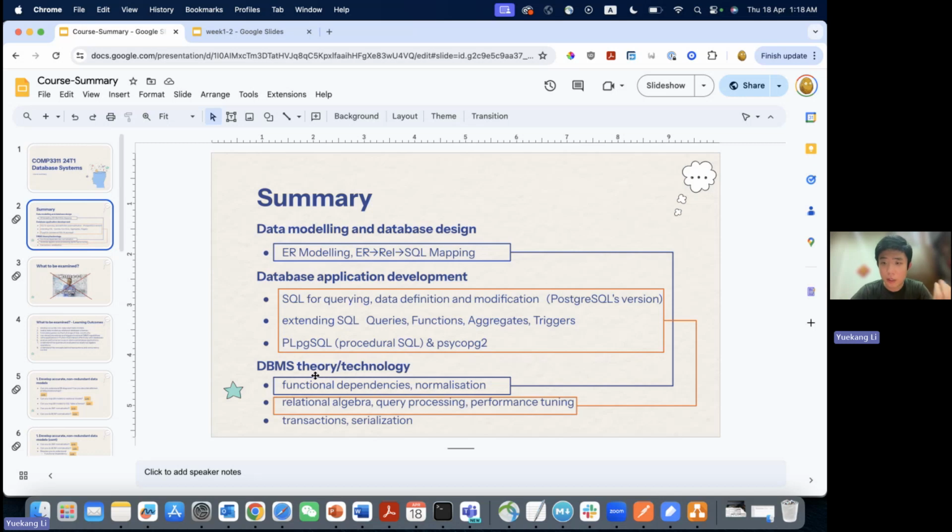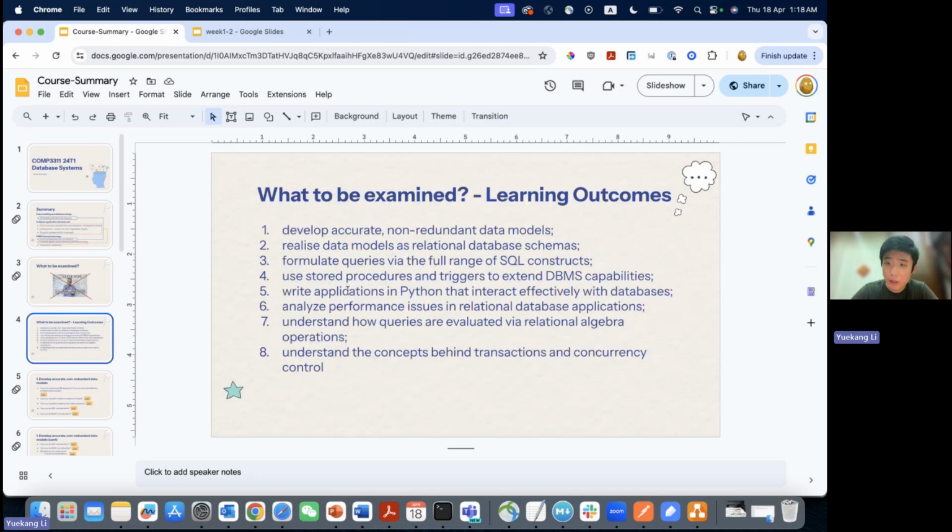You should be able to understand some of the internals of the DBMS, and you should apply the theoretical knowledge in practice. That's the final goal of this course. It is not just for you to finish some assignments, quizzes, or exams. That's not our final purpose. Our ultimate goal is to make sure that you are able to do all these after learning this course.